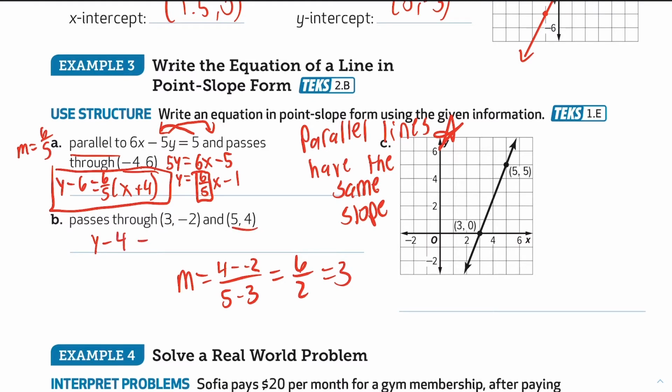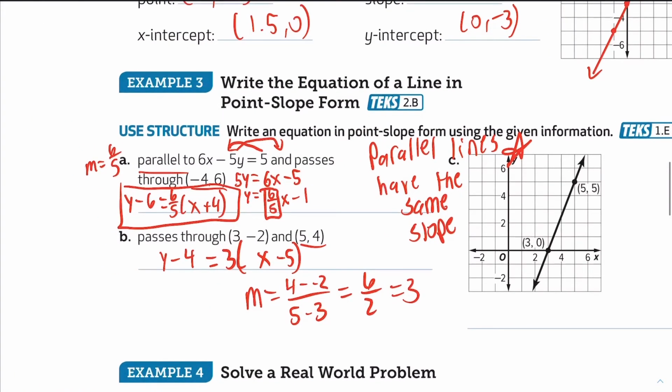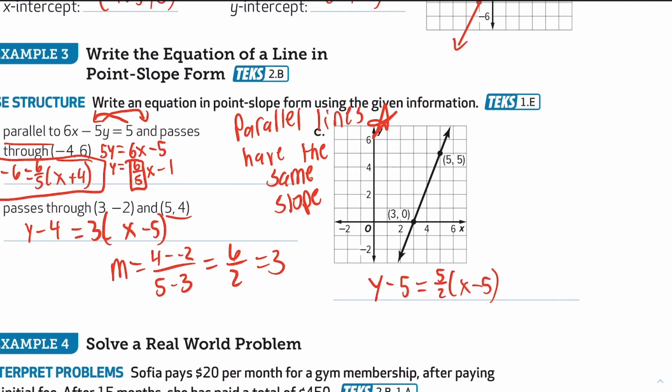Y minus 4 equals 3 times x minus 5 in parentheses. Easy. You do it from the graph. Remember, we found the slope first, and then we used any point that they told us to use. There's your answer.